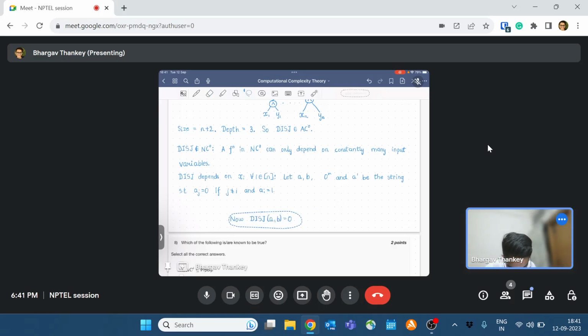The proof is in this. Similarly, B prime is a string such that Bj is equal to 0 if j not equals i, and Bi is 1.